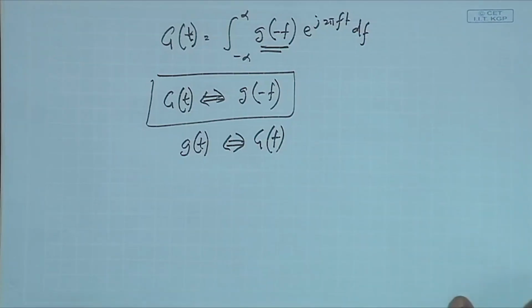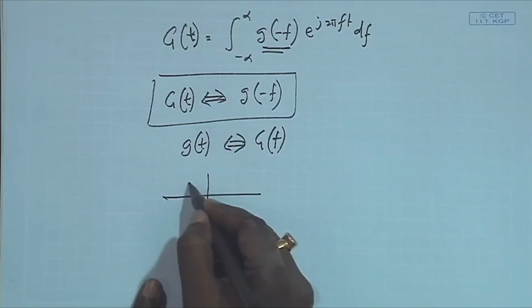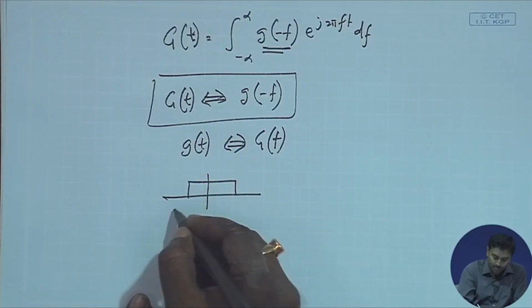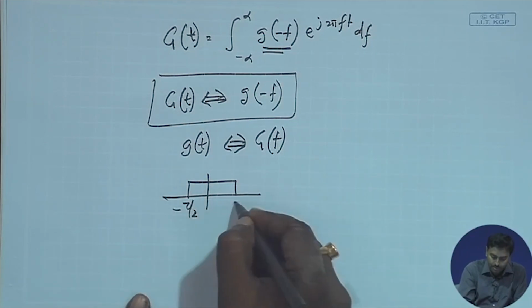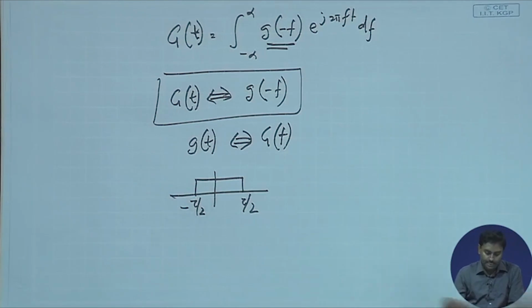So, that means suppose I have already got a Fourier transform. Let us say I do a Fourier transform of some pulse, which is defined from minus tau by 2 to plus tau by 2. Take that as homework.